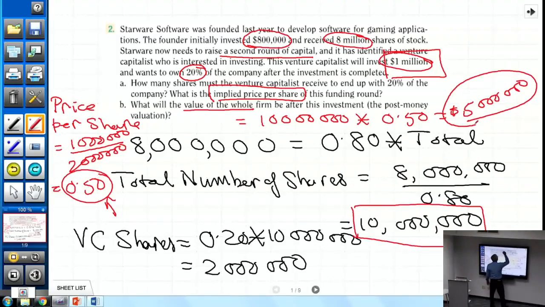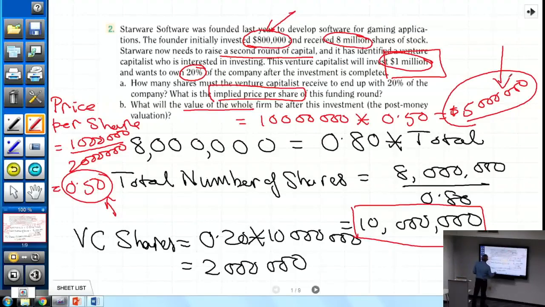So now for the owner, they had invested 800,000 initially and they received 8 million shares. So that investment today is worth $5 million. The value of the firm has increased from 800,000 to 5 million. So the post-money valuation would be $5 million.